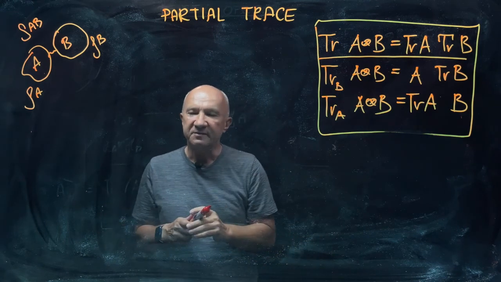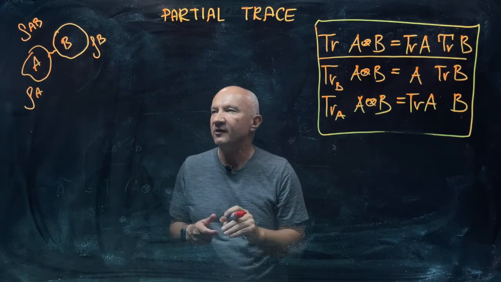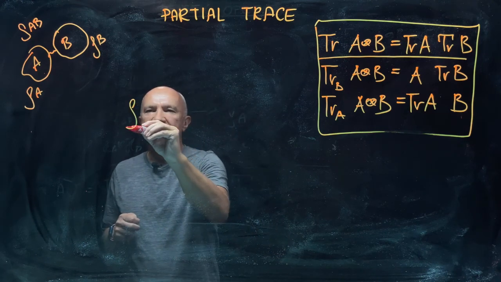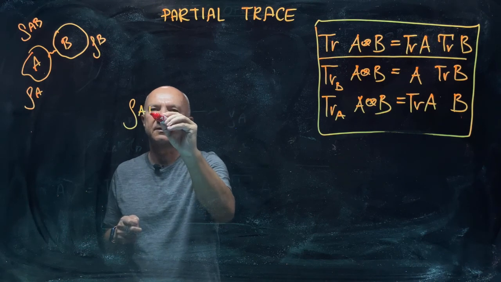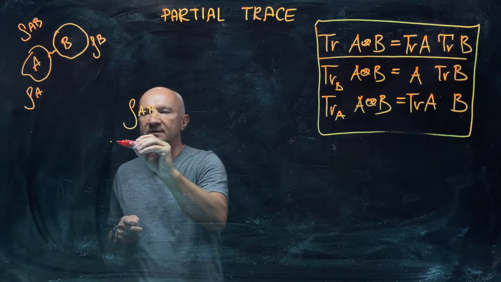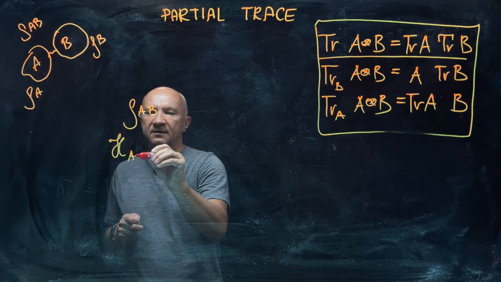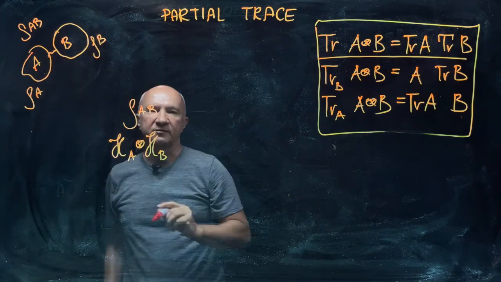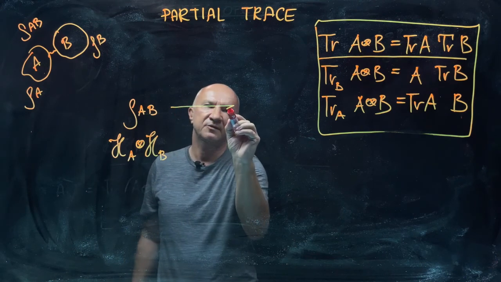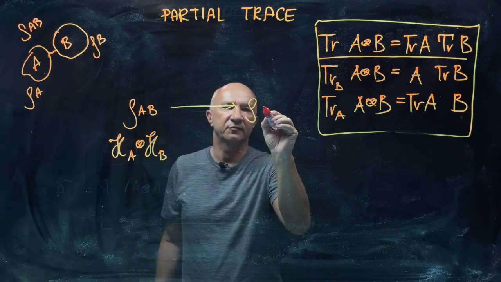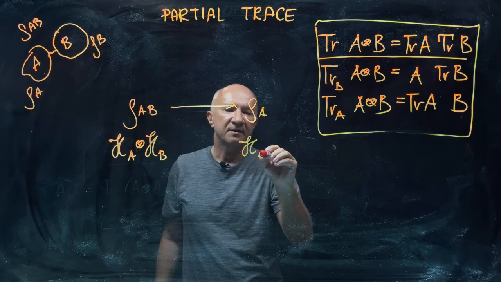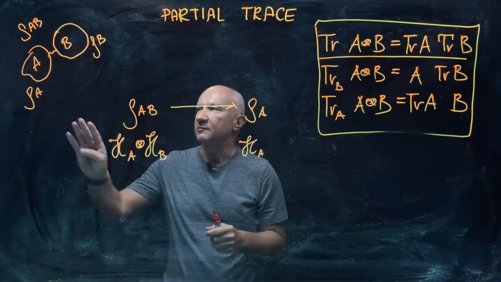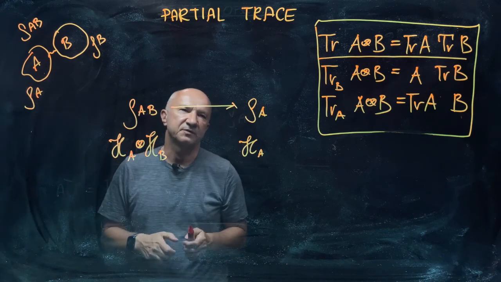Now, you may ask, is this the only operation? After all, what it really does is take density operators that operate on the tensor product of the two Hilbert spaces associated with the two subsystems, and it generates a density operator, say rho A. I can also take rho B, that acts on the Hilbert space associated with one of the subsystems.